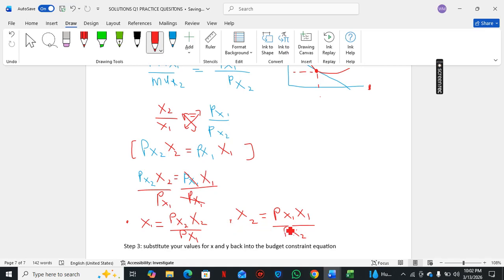So remember with deriving the steps, you have to just master these steps. Okay. Now I can go to step 3: substitute your values for X back into the budget constraint equation.